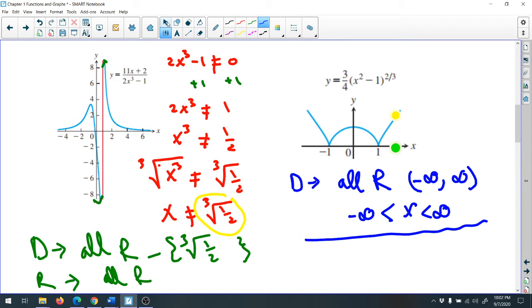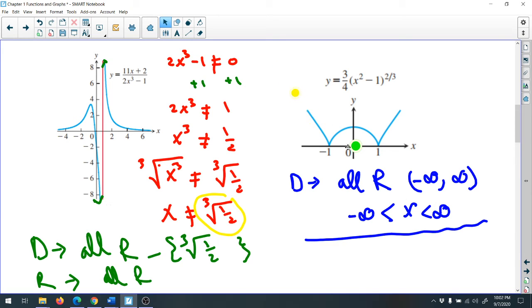For the range, if you track the point and you look at y, you're going to see that the minimum points have a horizontal projection at 0. This is the minimum point we have. It never jumps under the x-axis, it's stopped here. When you look at the y-axis, you will see 0. 0 is the minimum point you could have on y. Then the maximum is going to infinity. This arm is going up to infinity, and this arm is going up to infinity.